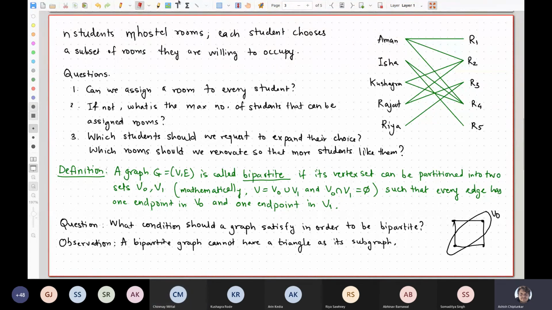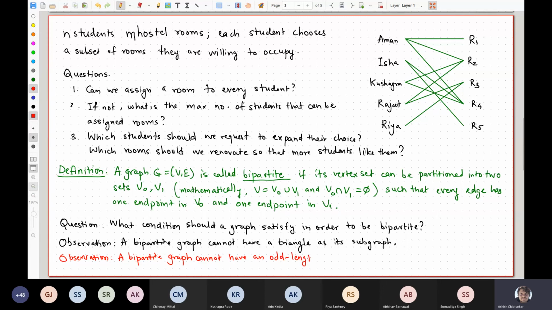So let me state that as a claim, or maybe another observation. A bipartite graph cannot have an odd length cycle.